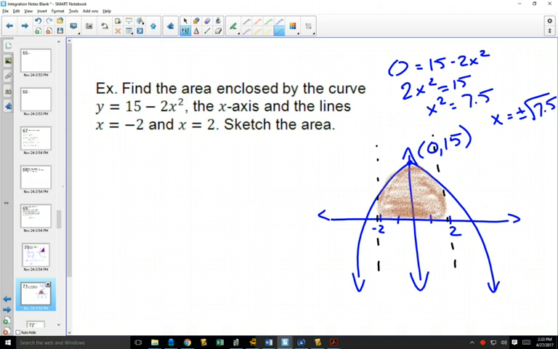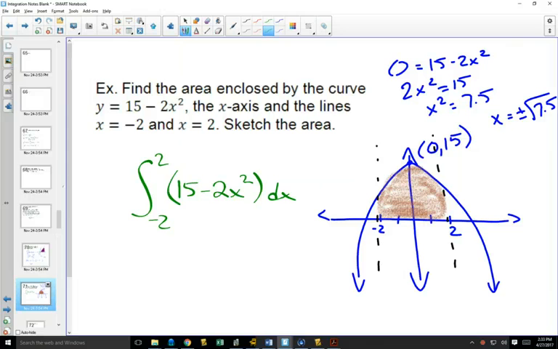So when figuring out what that area is, we can find the integral from -2 to 2 of 15 minus 2x squared. Again, this is an easy integral. Add 1 to the exponent, divide.